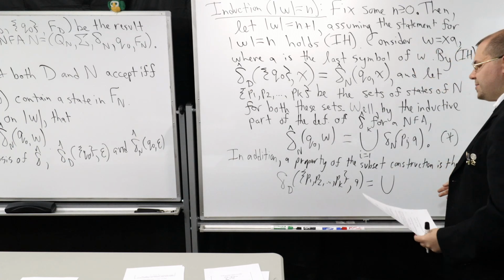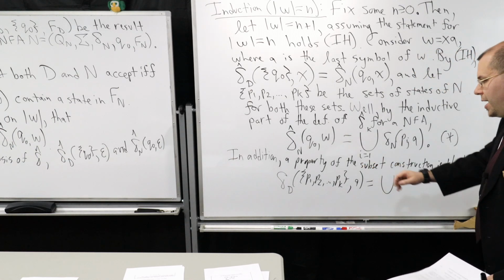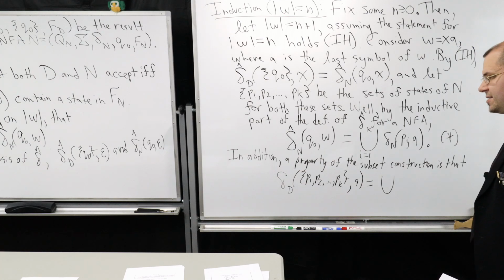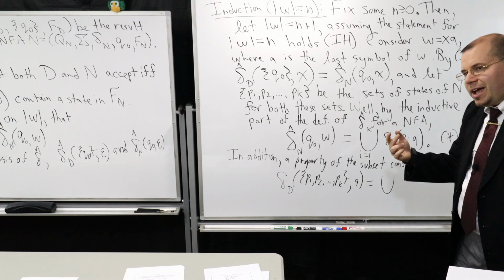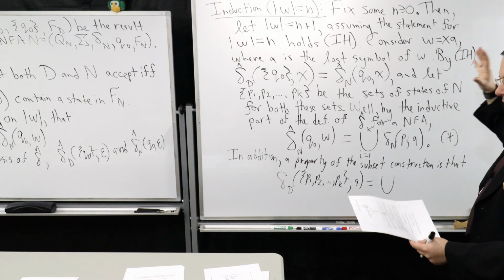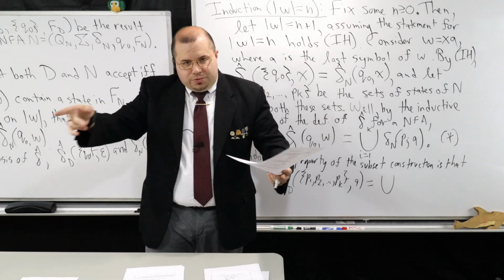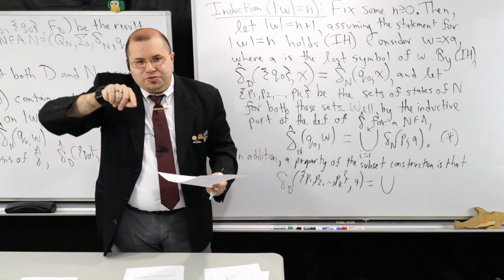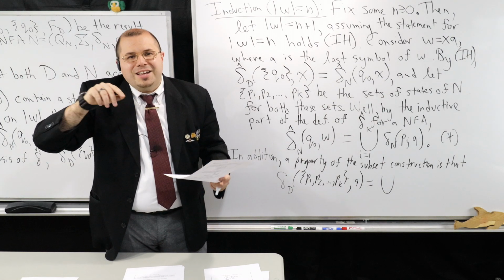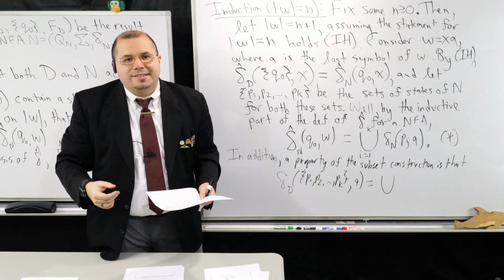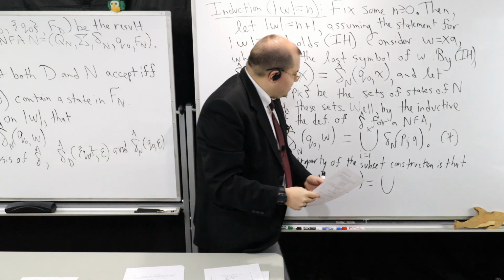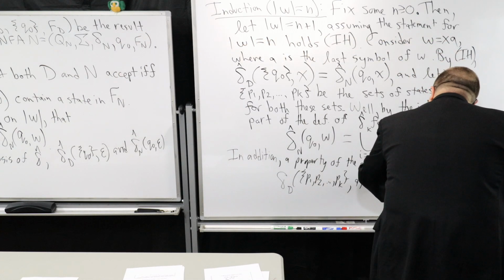Remember what we did with the subset construction? If I give you a bunch of states and then you give me a symbol A, I look at the transition function of the NFA and at all the states I can reach by moving on transitions on that symbol. Then I take all those and lump them together into a set. That's what I'm describing here.